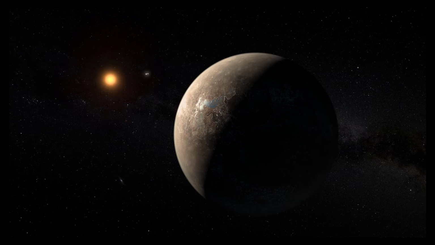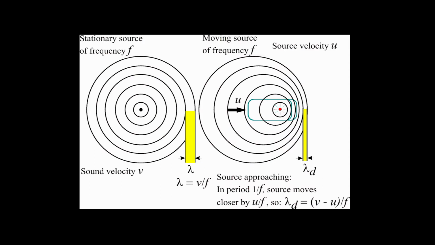And you can measure that using the Doppler effect, that is for any kind of wave that any object gives off, including light waves. If you move closer towards this object, then the waves essentially get squished between you, and if you move further away from the object, they get stretched out.